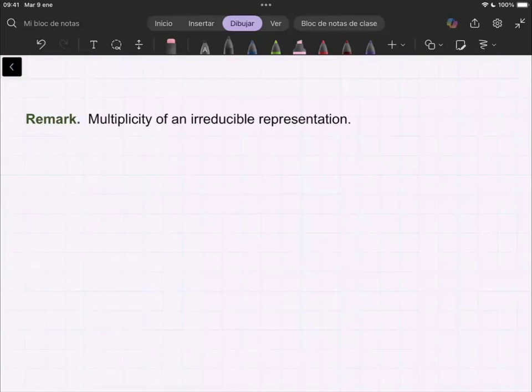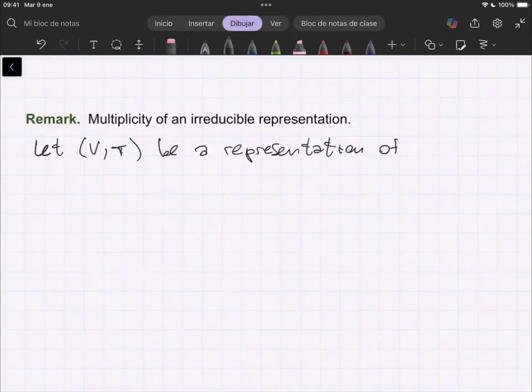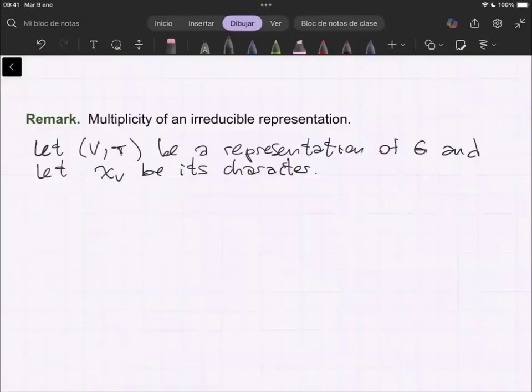Let's take any representation of a compact group G, and let chi of B be its character, okay? Then, what we saw today in the first part of the lecture is that this is a direct sum of irreducible representations.